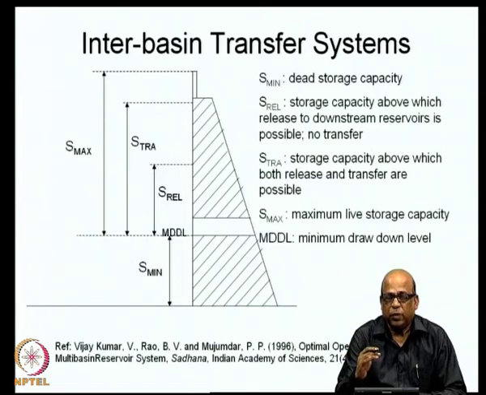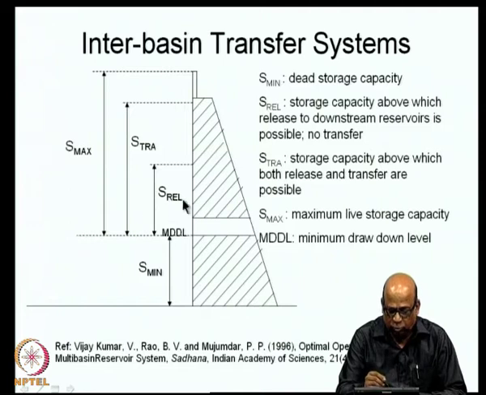For example, the first priority is to meet its own demands. Until you meet the demands of a particular reservoir, you do not even consider release for the downstream reservoir or transfer to the other basins. First meet its own demands.